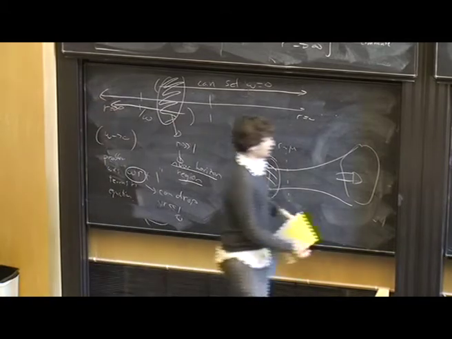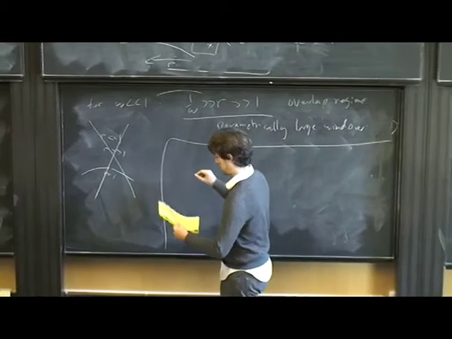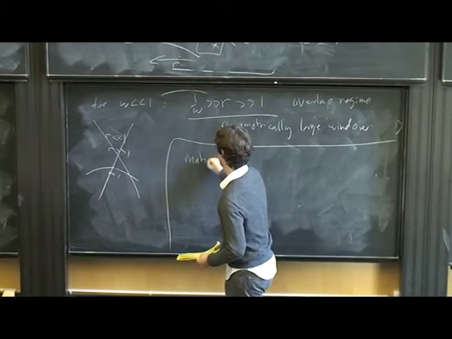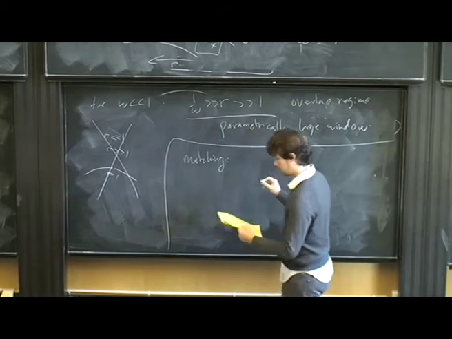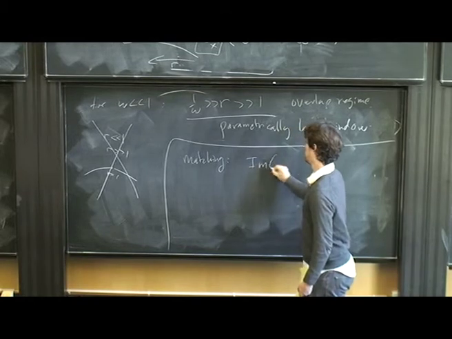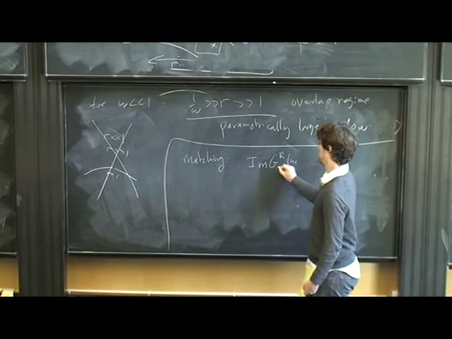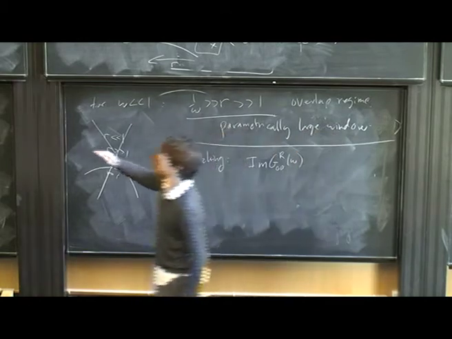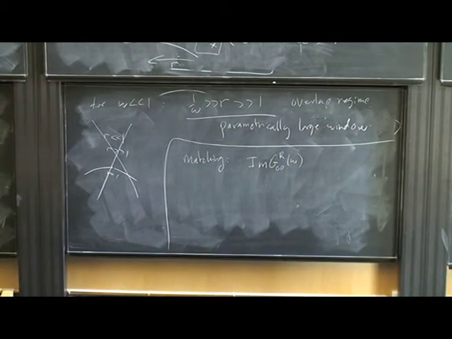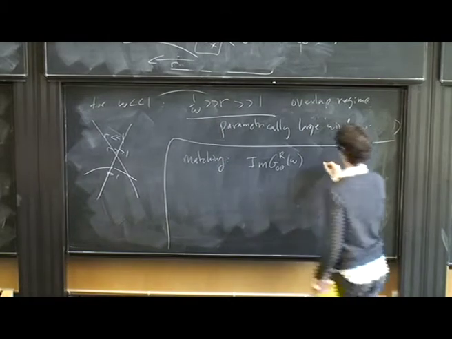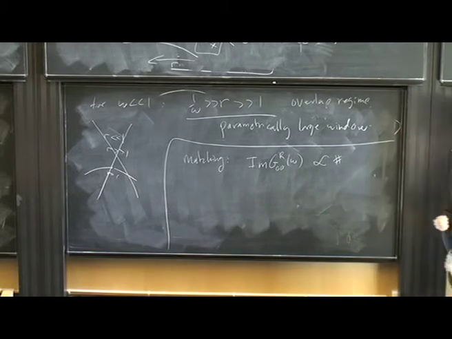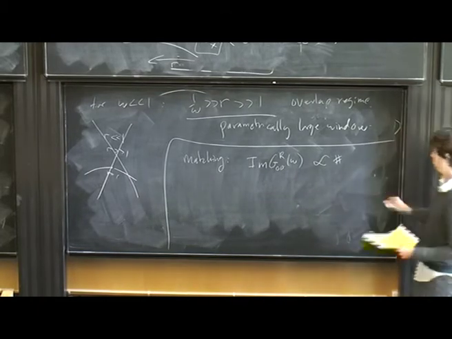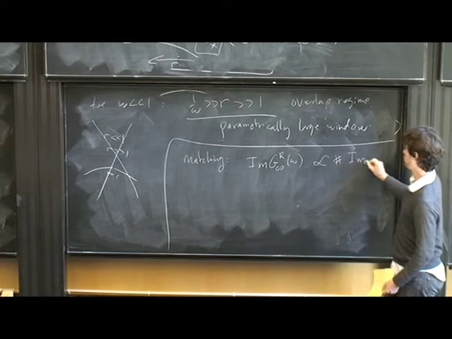If you do this matching, it's a short, 10-minute exercise, you find that the imaginary part of the retarded Green's function at omega is proportional to some number that does not depend on omega, times what we can call the infrared retarded Green's function.